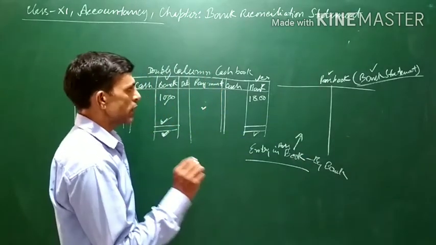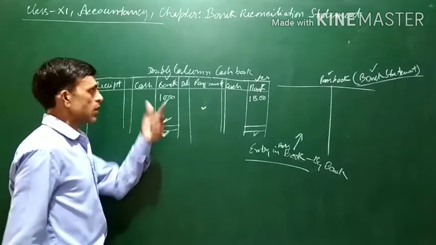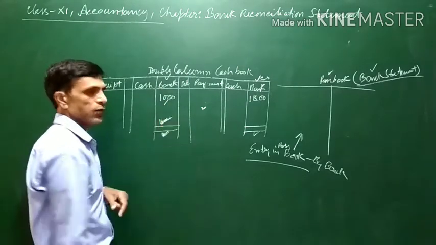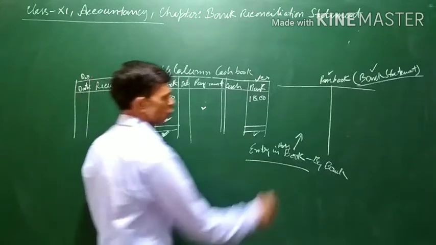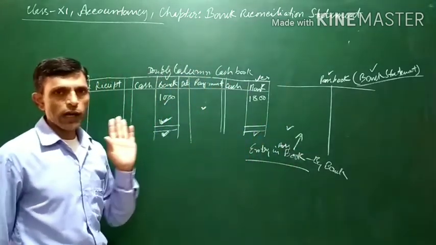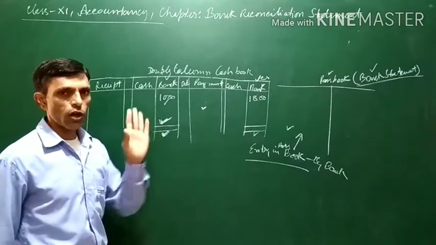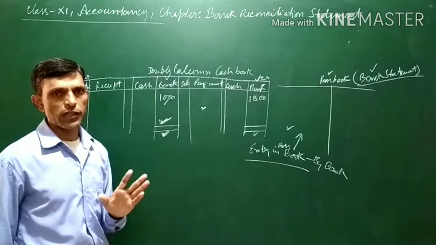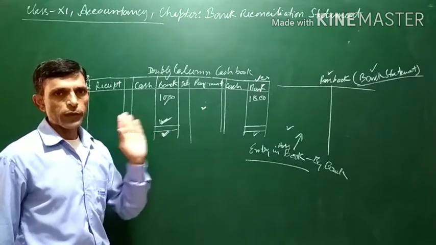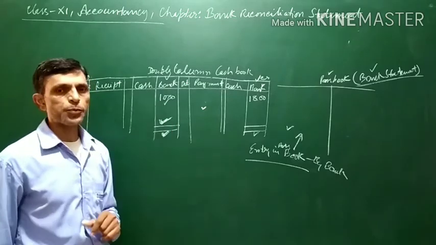Now there are differences. The balance as shown by our cash book, that is the bank column of cash book, and the balance as shown by the bank statement are sometimes different. So in order to reconcile the balance, to make the balance equal, a statement is prepared.